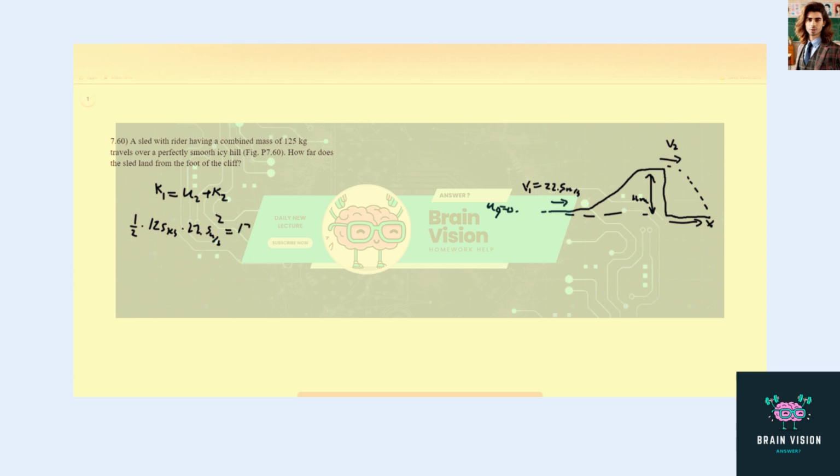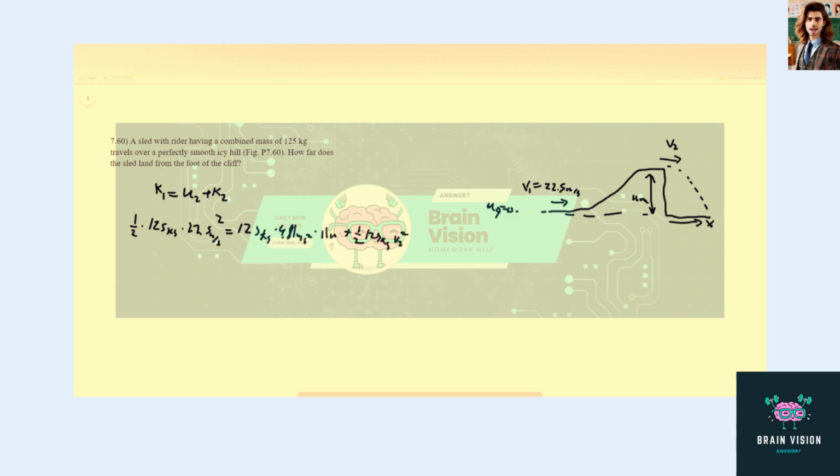So that's 125 kilograms times 9.81 meters per second squared times 11 meters. And then that's going to be plus the K2. So that's 1/2 125 kilograms v2 squared.